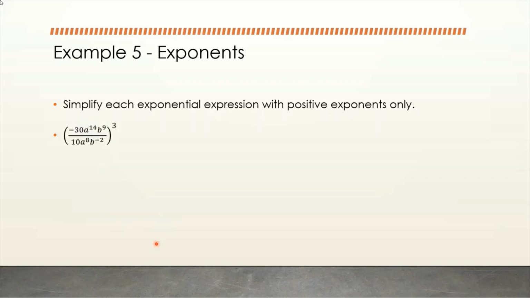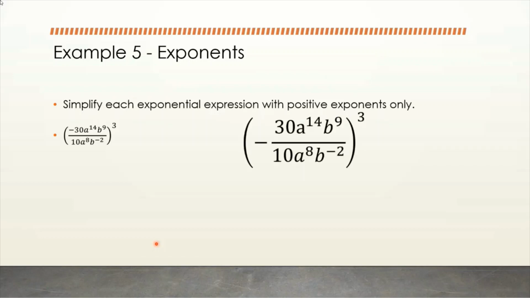So let's look at, I think, product of power rules. So I'm going to rewrite it. Now, it is complicated, but what you can do first is simplify it. So negative 30 over 10 is negative 3.